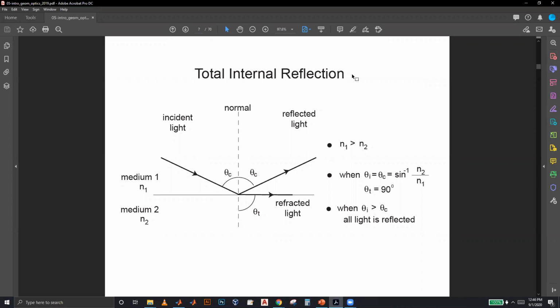This is total internal reflection, and it's the concept which is also used in optical fibers to keep light confined nicely within the glass fibers. So remember, when theta I becomes the critical angle, the refracted ray grazes the interface, so you have theta T equals 90 degrees. And any condition where the critical angle has been exceeded, all the light will be reflected back, which is called total internal reflection.